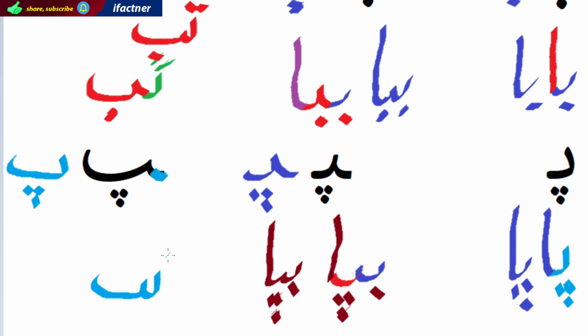Tapna, tap. Let's write tap, Te and then Pe. Let me write one more time. This is the Te part, and then this is the Pe part. Tap.